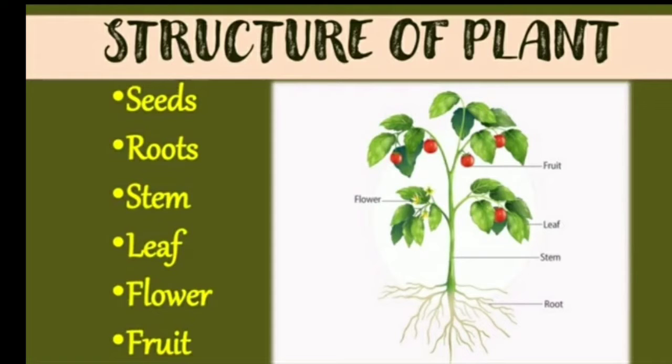Like the roots, the seeds, stems, leaves, flowers, and fruits. So, a plant has all these different parts: seeds, roots, stems, leaf, flower, and fruit, isn't it? So, we are going to study all these different parts of the plants.